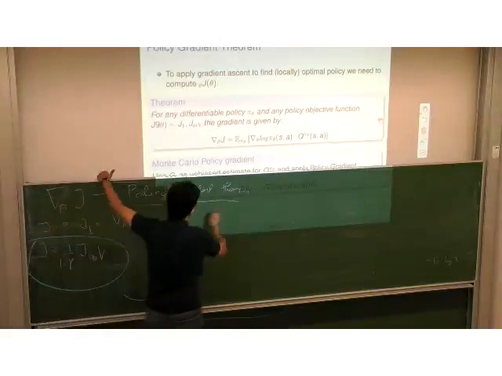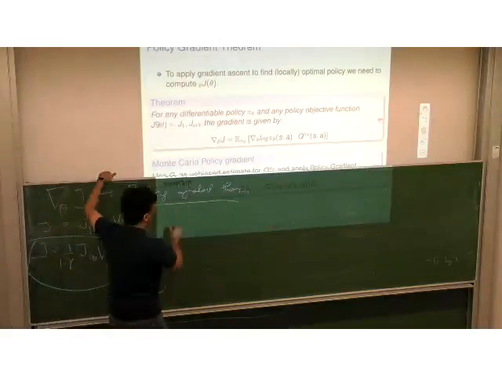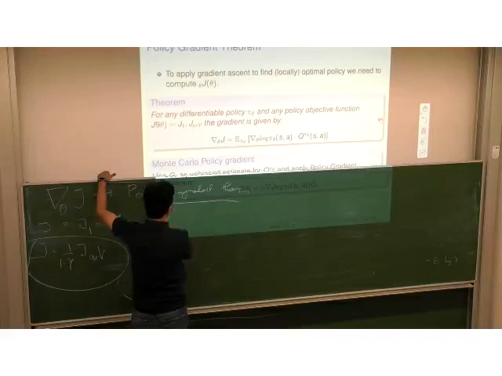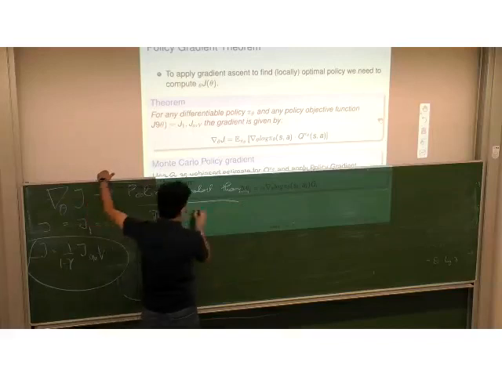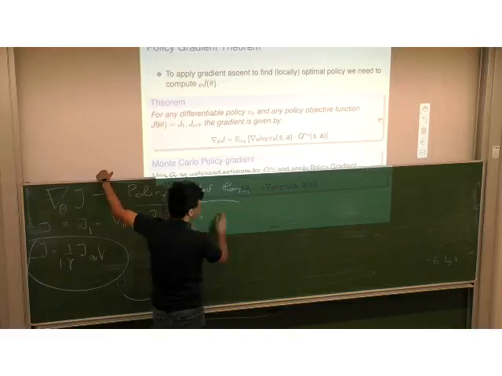The policy gradient theorem, by the kind of calculation I showed, tells you that the gradient of any of these objective functions is the expected value, with your policy as a distribution, of this thing.